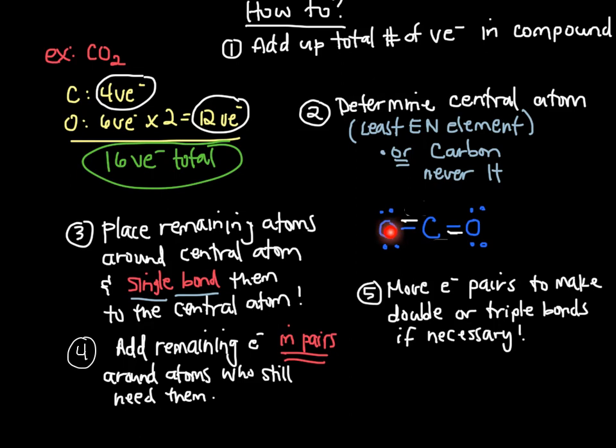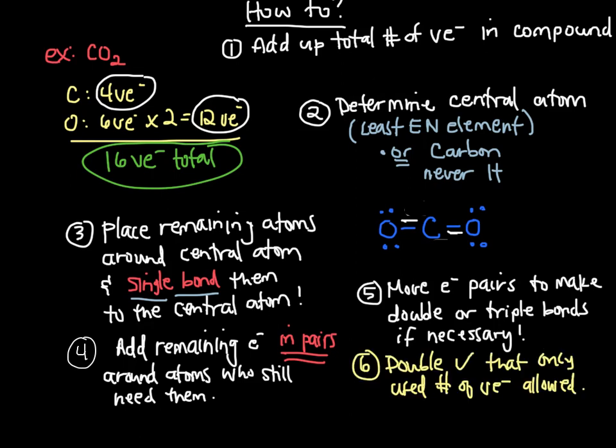So this oxygen has 2, 4, 6, 8 electrons surrounding it, so it's happy. This carbon has 2, 4, 6, 8, so it's happy. And this oxygen, 2, 4, 6, 8. And we used 2, 4, 6, 8, 10, 12, 14, 16 electrons only to make everyone happy. So I added this last step to double check that you only used the valence electrons you were allowed to use.